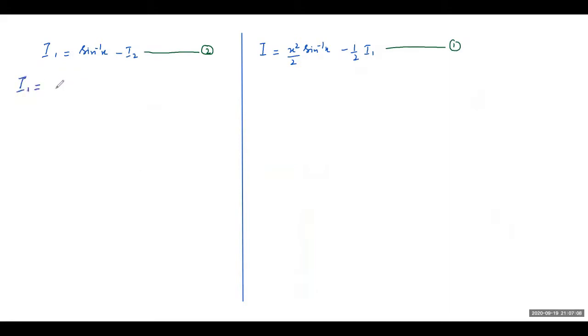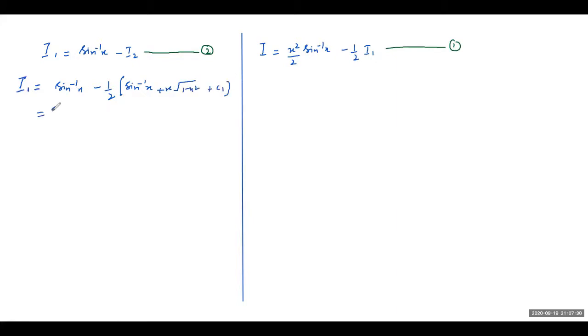I1 is equal to sine inverse x minus 1 by 2 times, what was the value of I2? I must confirm the value: sine inverse x plus x into square root of 1 minus x square plus c1.